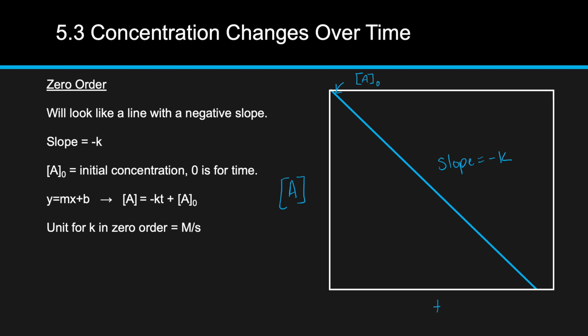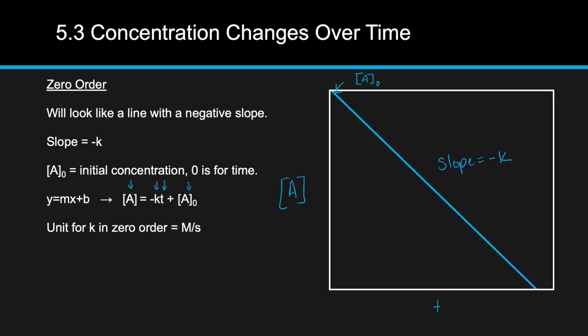So when we are talking about how to solve for the rate law, we're going to use y equals mx plus b. So we know our y value is the concentration of A. We know our slope is negative k. We know our x value is time. And our b is what we are starting out with, which is the very first concentration reading for time.